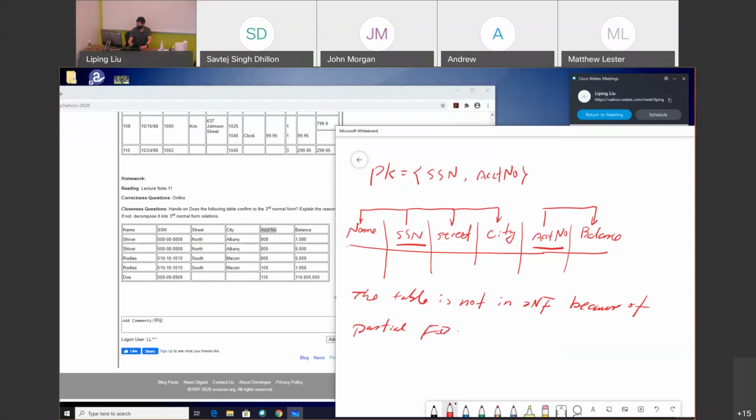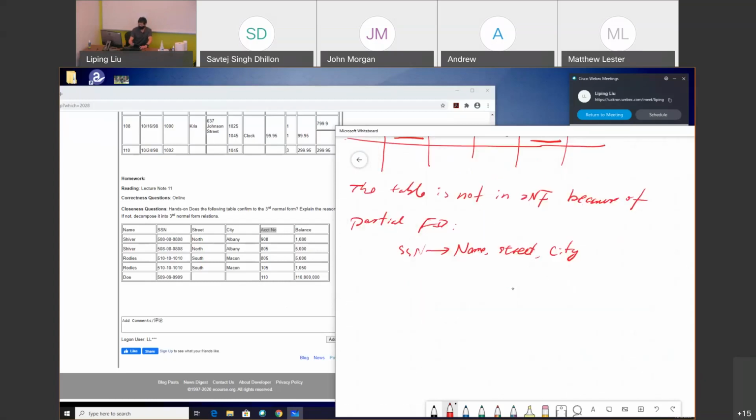We have social security number determines name, determines street, and city. Move up here. Then we have account number determines balance.